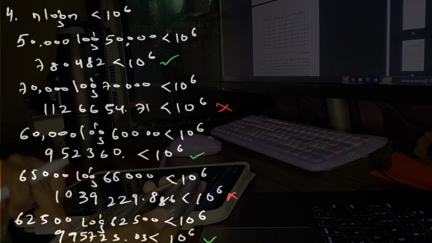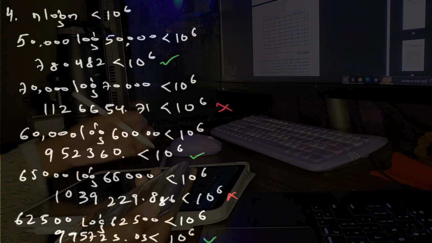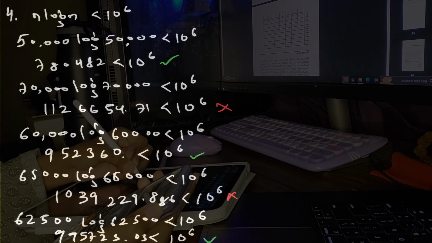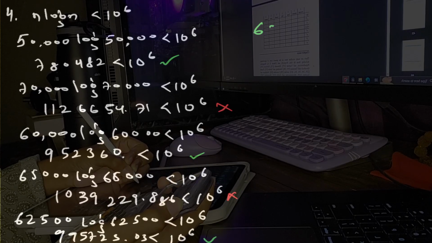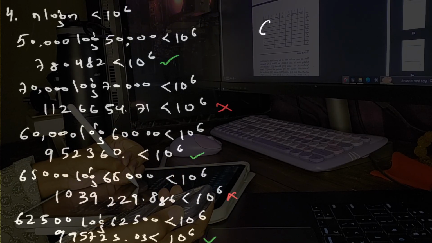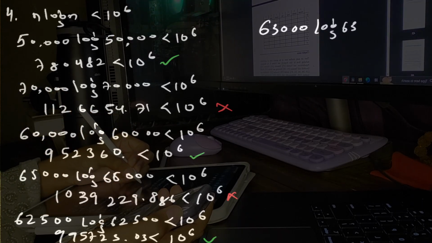Now that means we have a value between 62.5 and this. Let's try 63,000. Is it less than 10 to the power of 6?